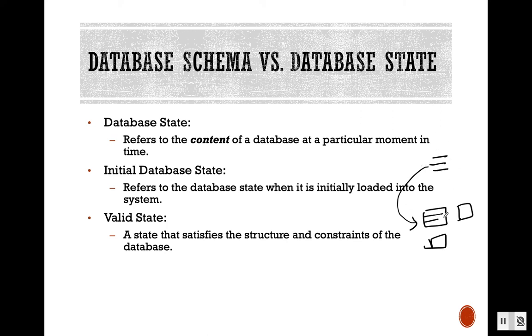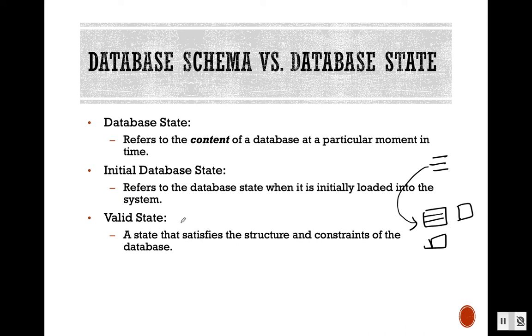That will be your initial database state. Now the database state will change whenever there is any update in the database. For example, you insert a new record, update a record, or delete a record. So the database state will change after any kind of manipulation or update in the database.